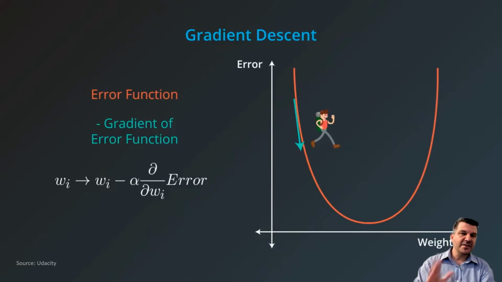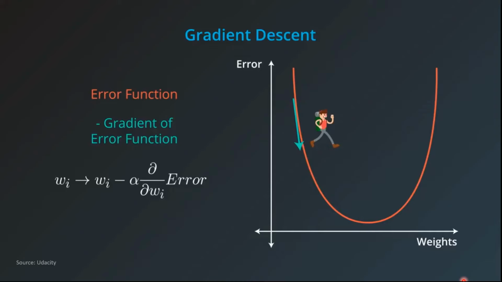Now, one thing that we haven't talked about, and it's not our focus in this video, we're just going to mention it, is gradient descent. We're going to dedicate an entire video to gradient descent and backpropagation, but for now, just bear in mind that with respect to our error, we need to alter our weights, right?